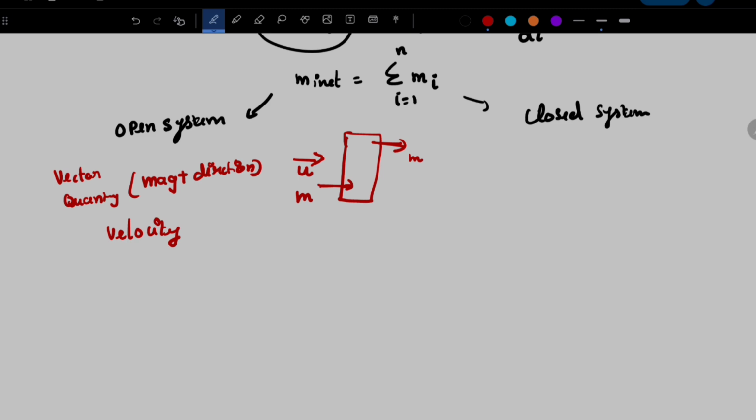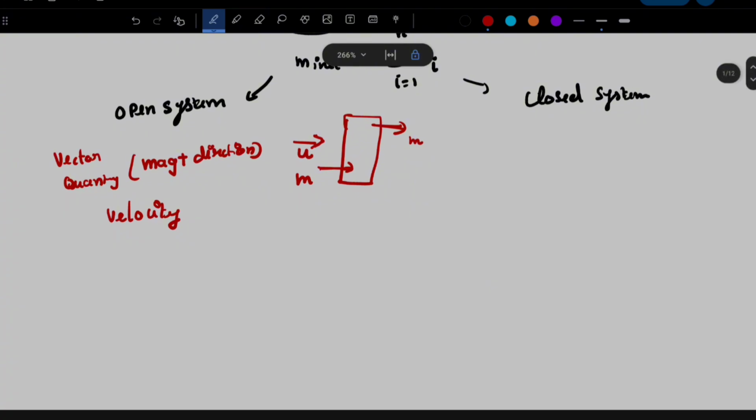Are you getting the point? But here is an important point. In this open system, you have to consider a small mass to calculate how much velocity there is. For example, imagine a pipe and you are calculating over a small distance. This is dm.